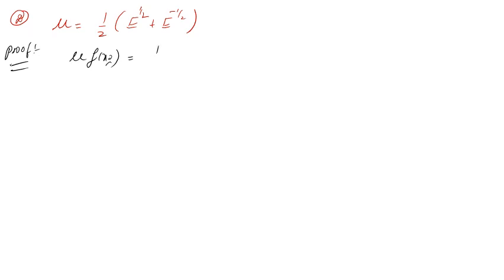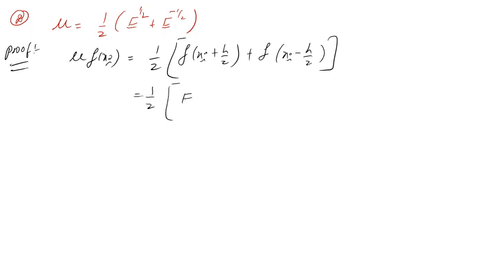This is one more. And coming to another one, the average operator. Mu equal to 1 by 2 of e power half plus e power minus half. And coming to this proof, what is mu f of xi? Mu f of xi is 1 by 2, that is the average of what? f of xi plus h by 2 plus f of xi minus h by 2. Okay, so one can write this bracket in terms of the shift operator: this is e power half of f of xi, plus this is e power minus half of f of xi.